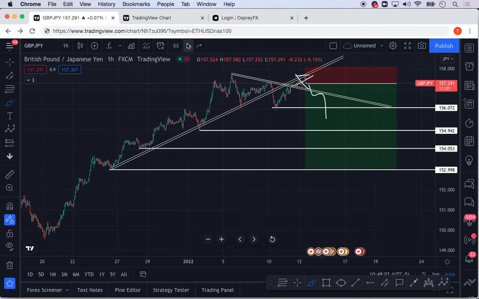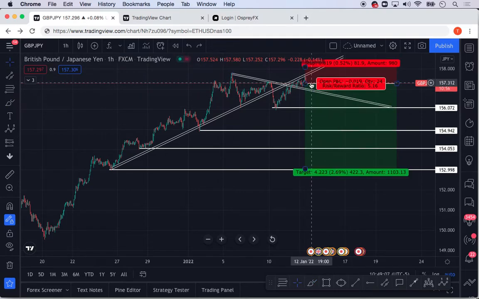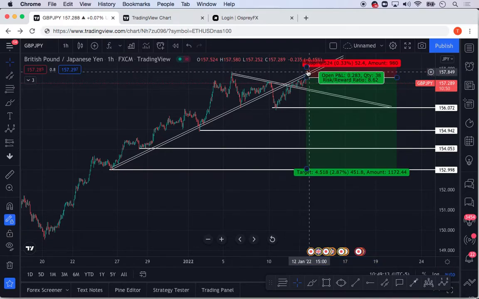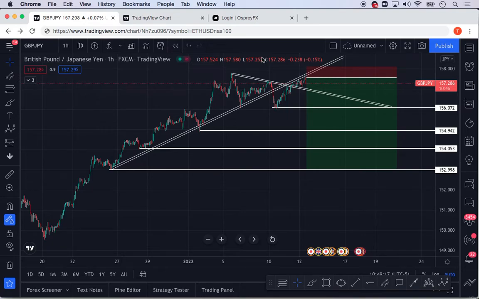So this is my analysis for GJ. And honestly, y'all, I have entries literally from when it tapped this, I already entered. So I'm pretty sure I'm up in good little profit right now. Let's see how many pips this is in profit real quick for y'all.